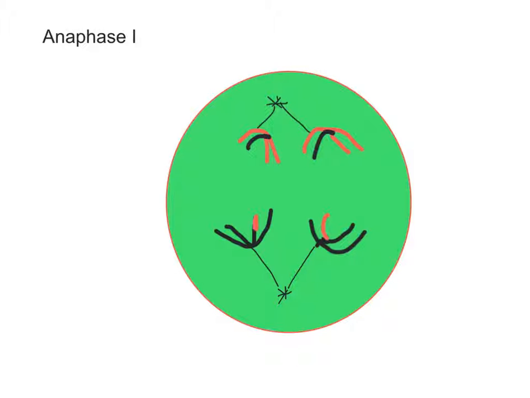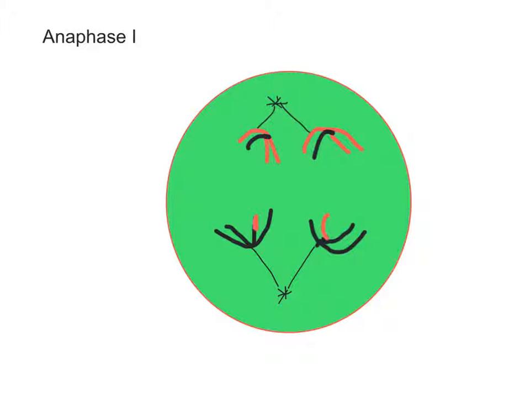Also, the orientation of the homologous pairs is random, so that each chromosome has an equal chance of connecting with a spindle fiber and splitting apart. Lastly, the orientation of a homologous pair will not affect another homologous pair.